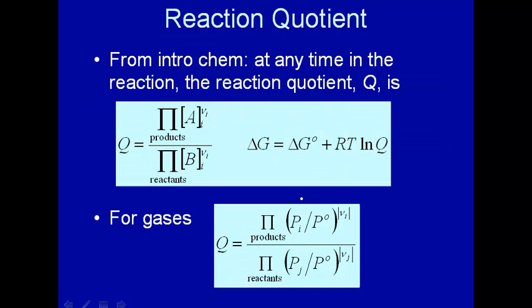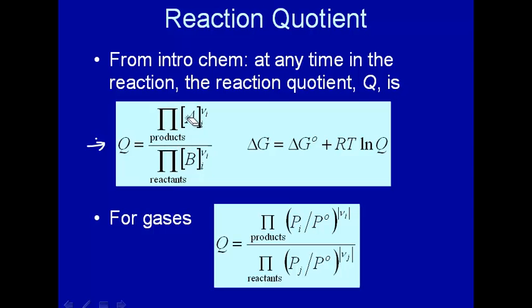Okay, now remember from introductory chemistry, we defined something called the reaction quotient, Q, and Q was essentially the equilibrium constant, except that you weren't using equilibrium concentrations, you were using the concentrations at some particular time. This capital pi means product, so you take the product of the products.